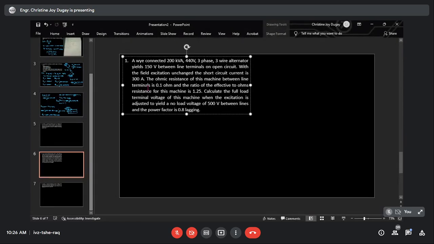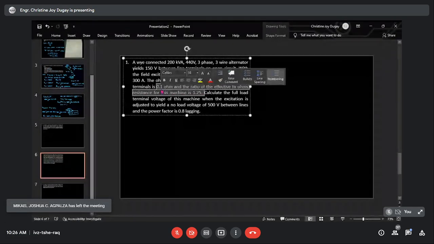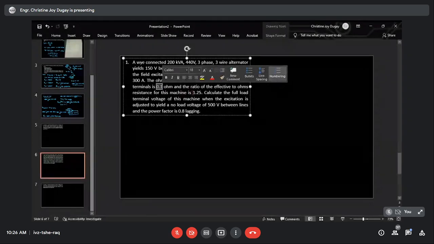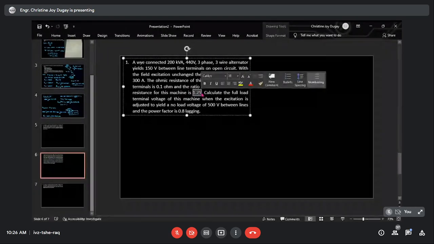Okay, and then if you're going to continue to read, the ohmic resistance of the machine between terminals is 0.1 ohm, and then the ratio of effective ohmic resistance to the machine is 1.25. So, ibig sabihin, para makuha natin yung effective resistance po natin, we are going to multiply 0.1 to 1.25.